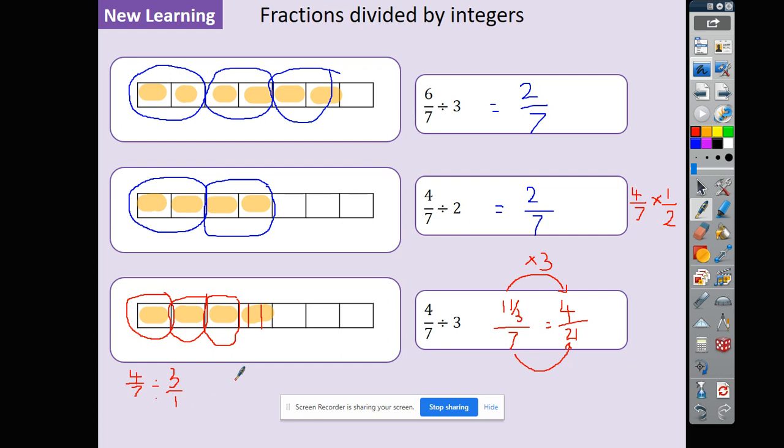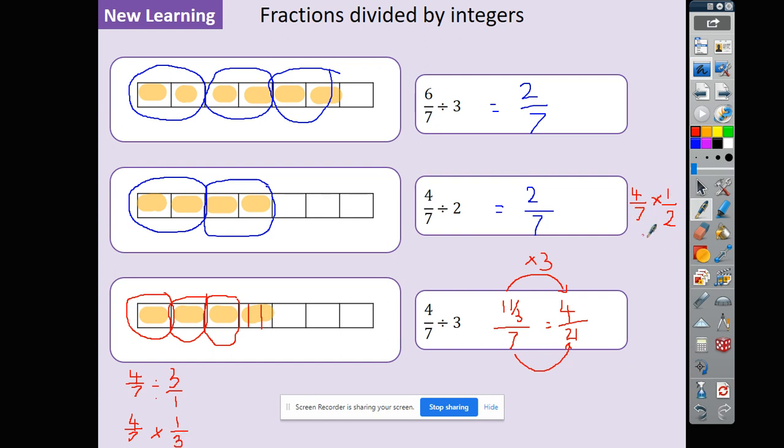Now we already said that with our keep, change, flip, we could rewrite this as 4 over 7 multiplied, and now we're going to flip this bit and do 1 over 3.